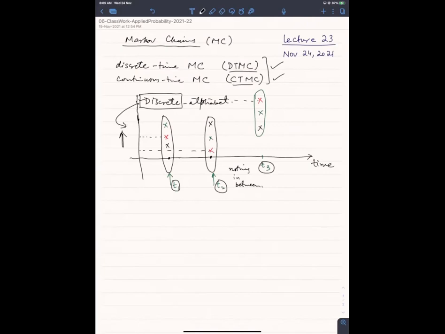Now, if anyone recalls, we saw a discrete time version of a Wiener process. There was a real Wiener process जो continuous time था, but we saw the discrete time version of the Wiener process. हर discrete time n is equal to 1 2 3 4 values के ऊपर आप observe करेंगे.